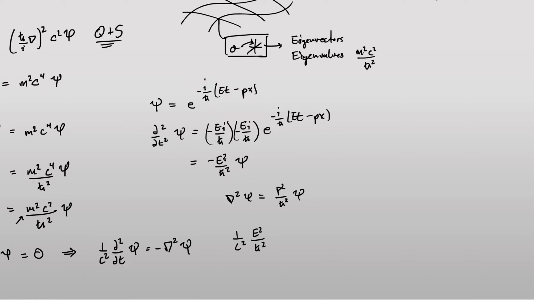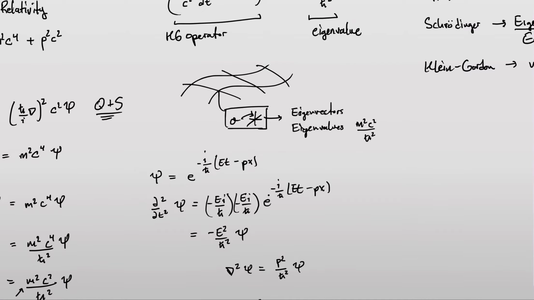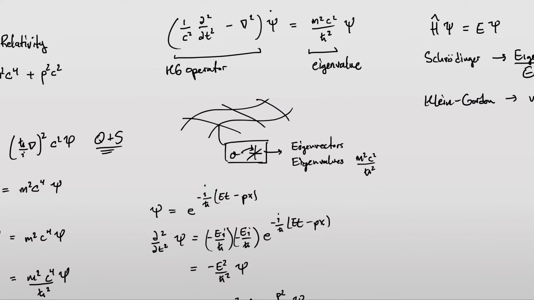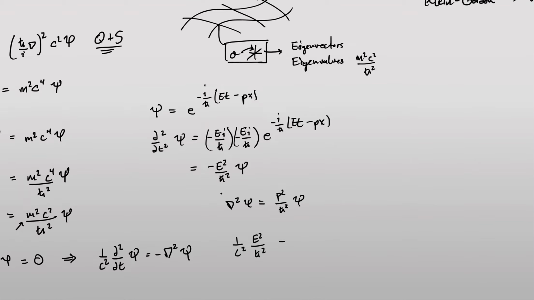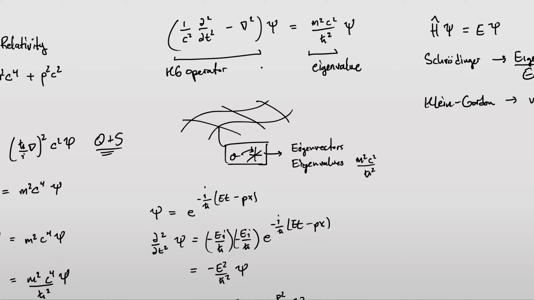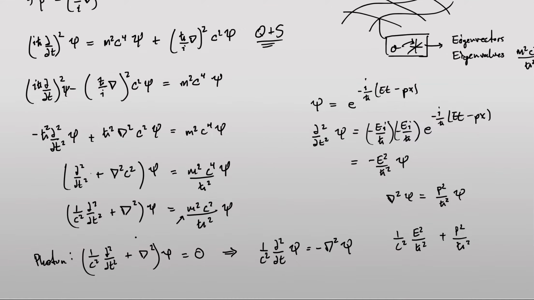That's this part right here, and then p squared over h bar squared, and I think that should be a plus, because there's a plus right there when we did that derivation.